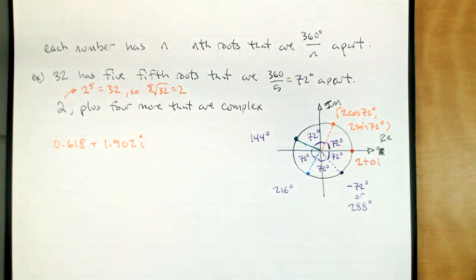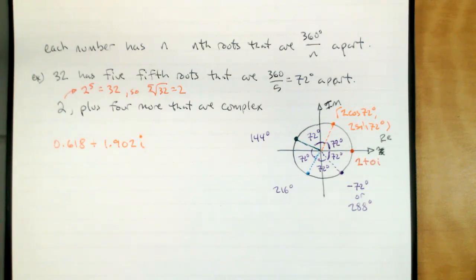The x-coordinate, what we would call the x-coordinate in the Cartesian plane, is the real coordinate in the complex plane. What we would call the y-coordinate in the Cartesian plane will be the imaginary coordinate in the complex plane.